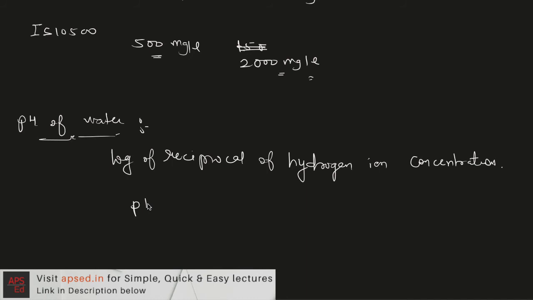So pH is given as log base 10 of the reciprocal of hydrogen ion concentration. This concentration here, the unit is important. The unit is given in moles per liter. You should keep in mind that when we calculate the pH, this concentration of hydrogen ion is taken in moles per liter.